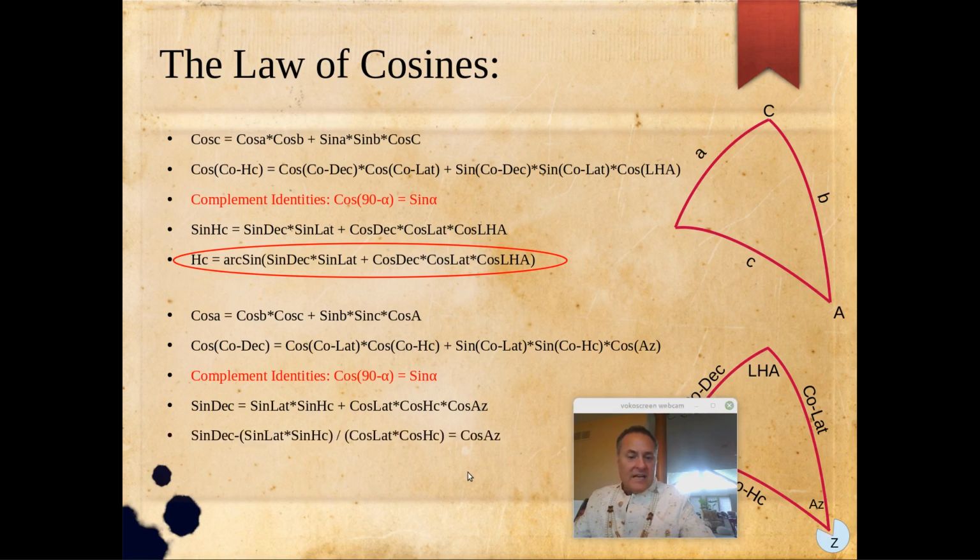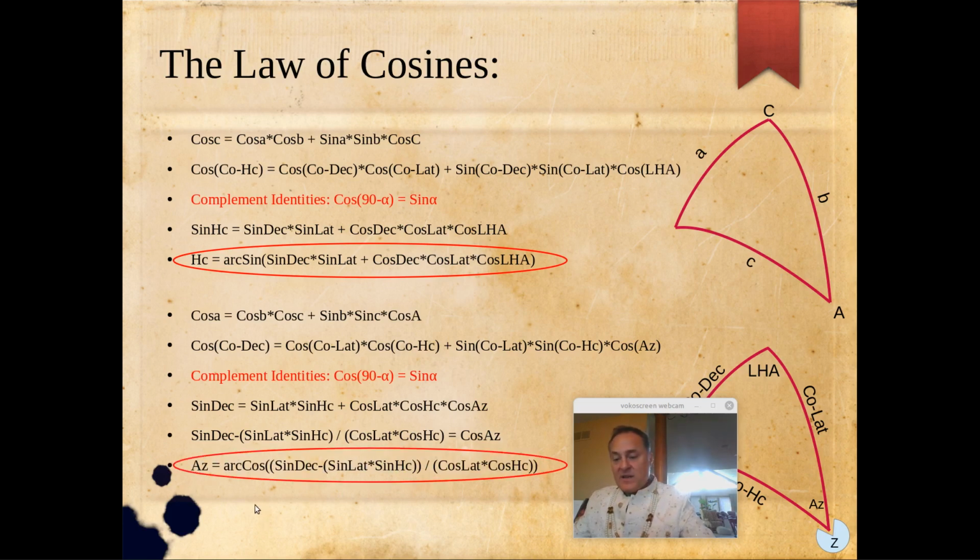So I rearrange by subtracting and then dividing. So I subtract this from both sides, and then I divide this from both sides, and I end up with cosine of the azimuth by itself over here. And I need the anti-cosine of both sides in order to get just the azimuth by itself. Here it is. I've just switched them around. So this is the formula right there for discovering the azimuth.